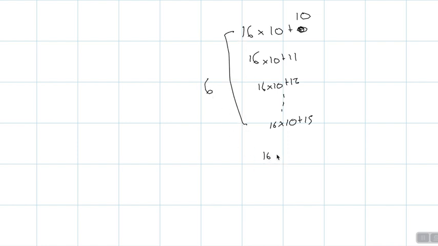We also double counted 16 times 11 plus 0, and all the way to 16 times 11 plus 10, 16 times 11 plus 15.